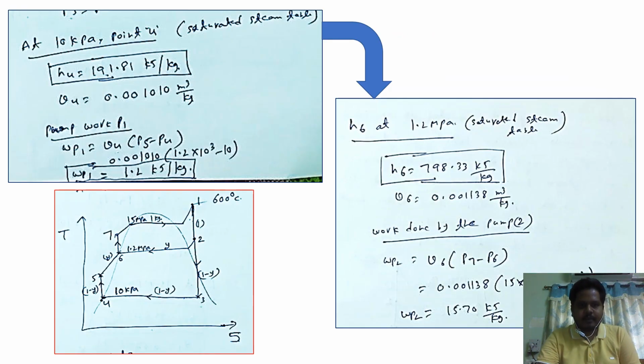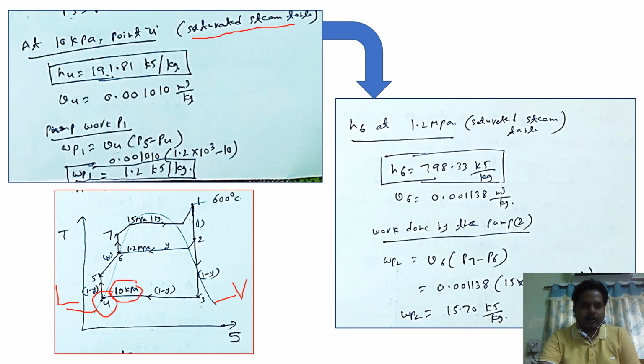Now let us find the enthalpy at point 4. Here point 4 is on the saturated liquid line. This is the saturated liquid line and this is the saturated vapor line. Since the point is on the saturated liquid line, we have to refer to the saturated steam table at the given pressure, 10 kilopascal.